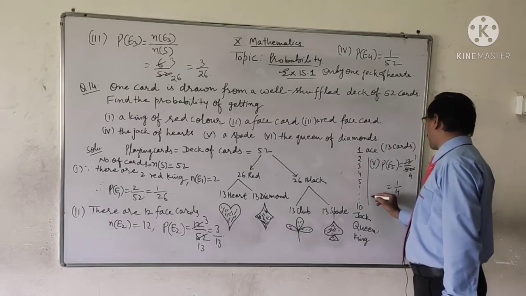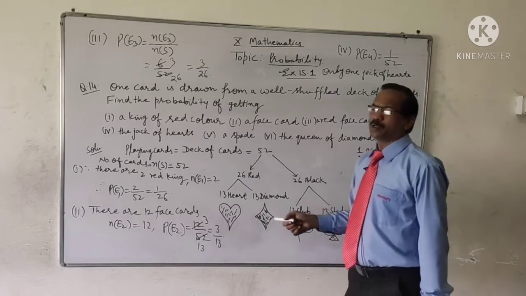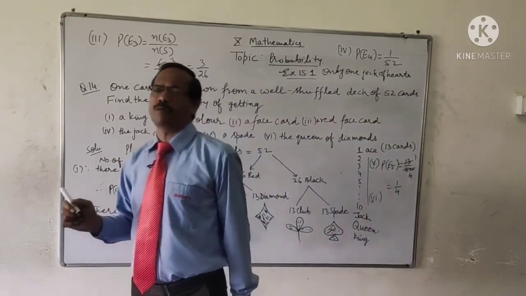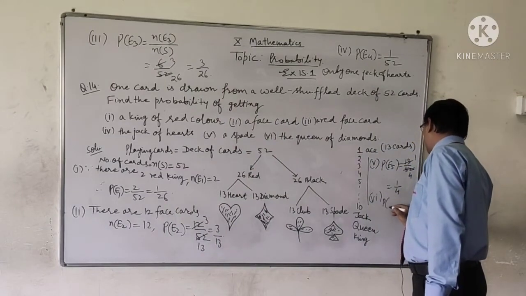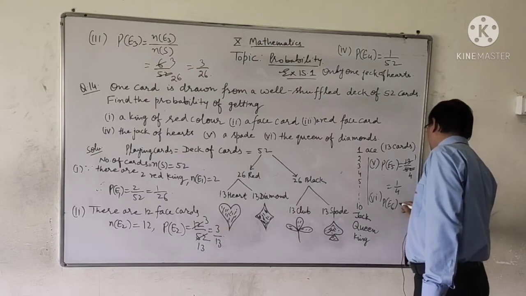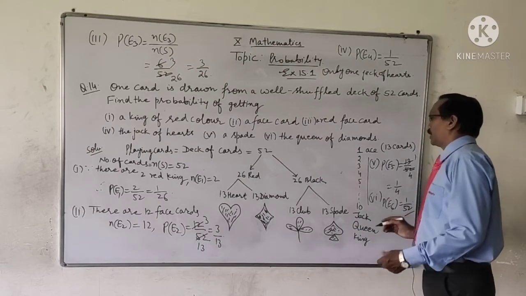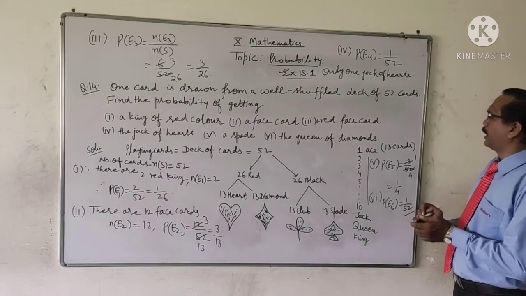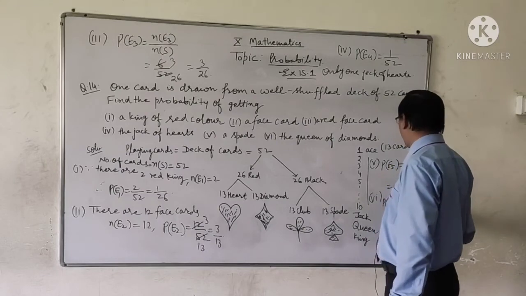Then the sixth part, a queen of diamond. There is only one queen of diamond. So probability for this case, P(E6), is 1 upon 52.